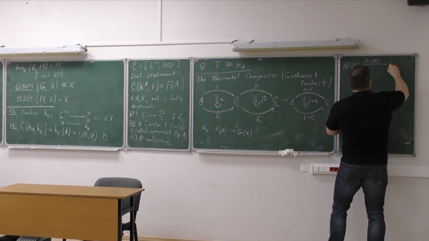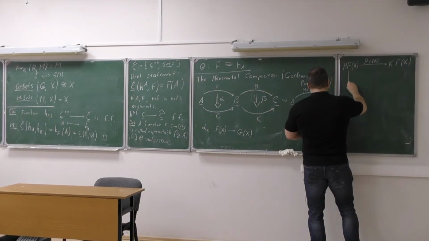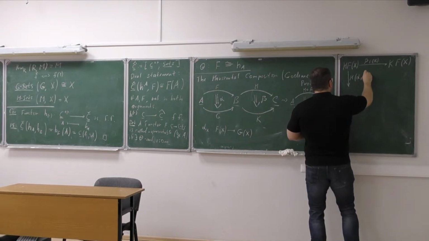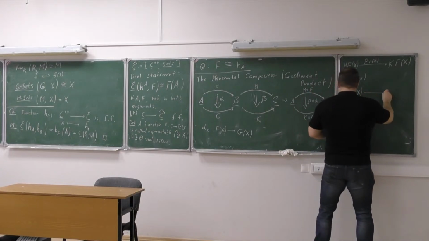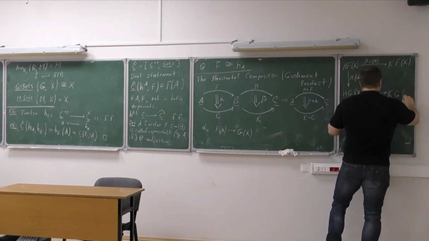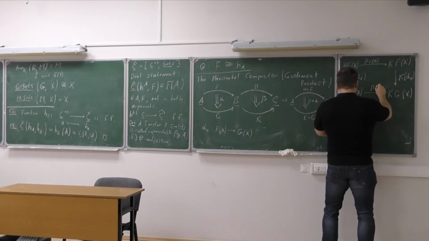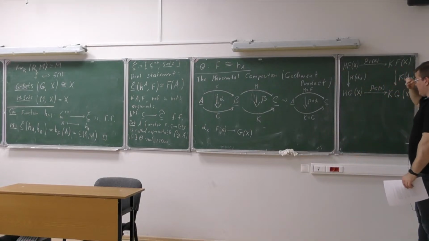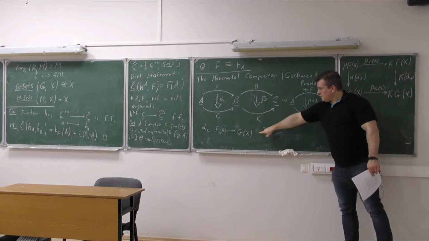So this goes to k f of x. Now this will be the map where I apply functor h to alpha sub x. So this will be h g of x. Finally, this will be k g of x. So I'm just writing a diagram saying that beta is a natural transformation for this map.